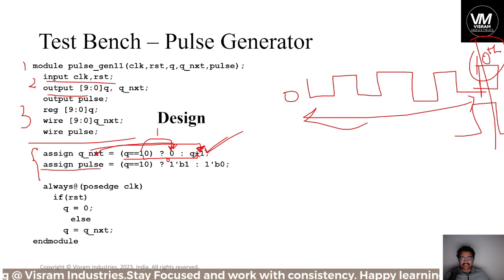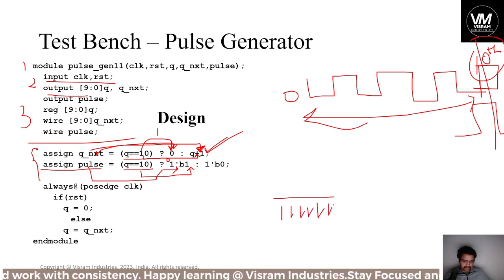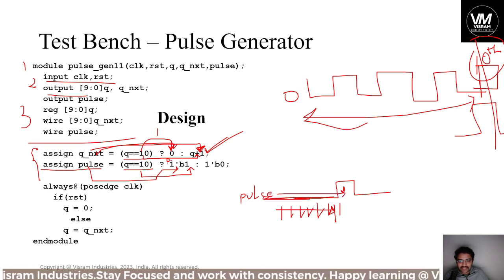Likewise, for assigning the pulse, Q is equal to 10. If it is true, pulse will be high. That is what we are declaring, right? For 10 continuous bits, for the 11th bit, you need to see pulse as high. Whatever waveform you are talking about, that should be 1. That value of 1 we will be getting if Q is equal to 10.